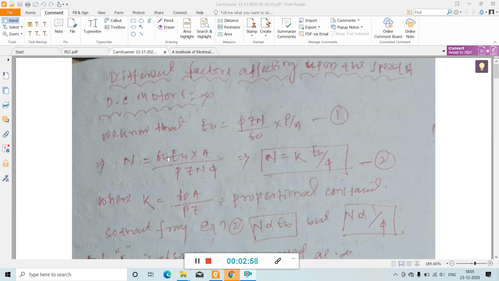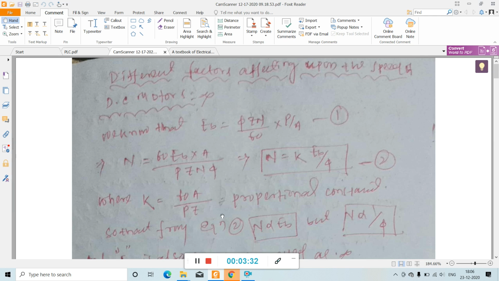So 60, A, P and Z are constant. The left out part: we replace all these as N equal to K, a constant, into EB by phi. Here EB is not constant and phi is not constant, and the rest are constant, so we represent all the constant terms as K. So N is equal to K EB by phi, where K is 60A by PZ.